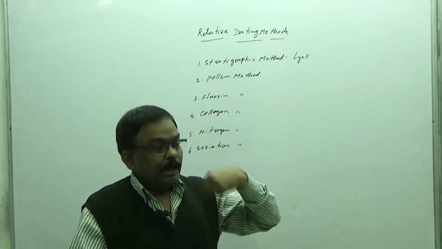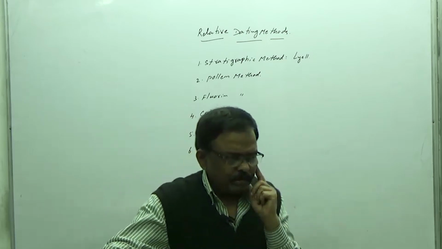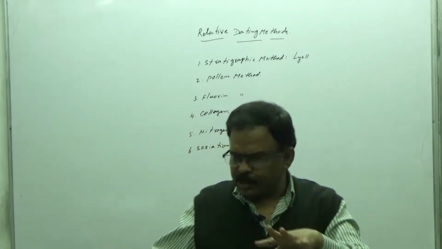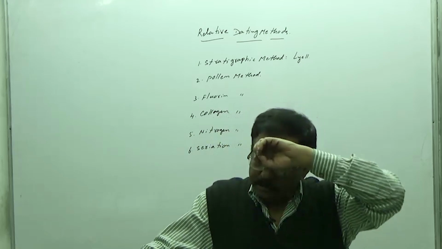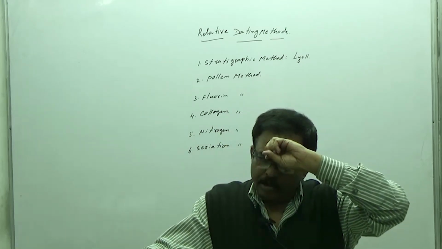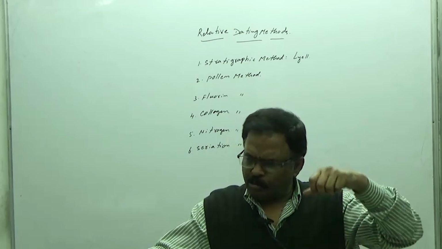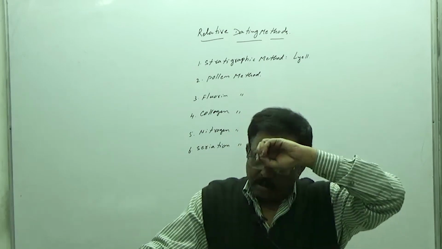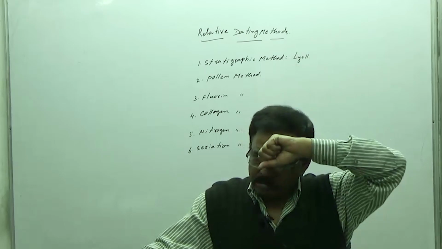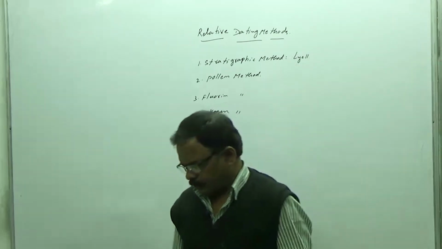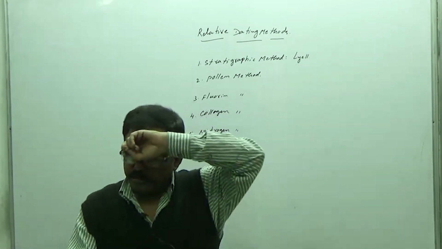Due to these limitations, scholars are more dependent on relative methods. That means relative methods are the most popular, widely used dating methods, not the absolute.